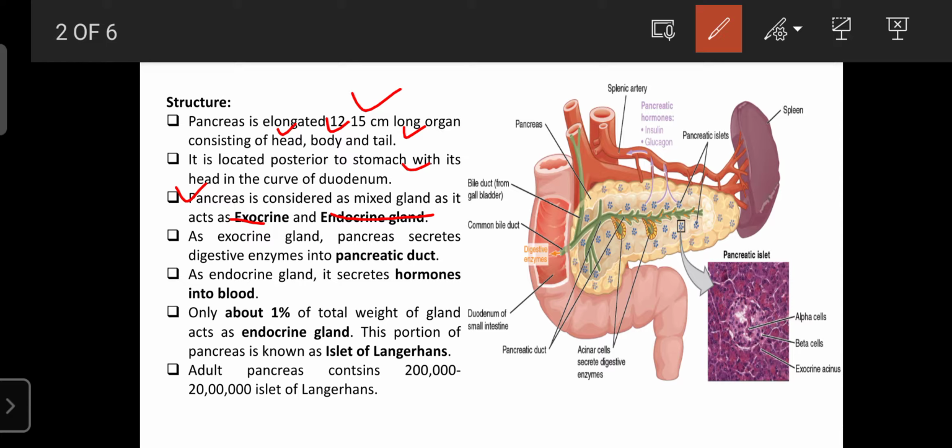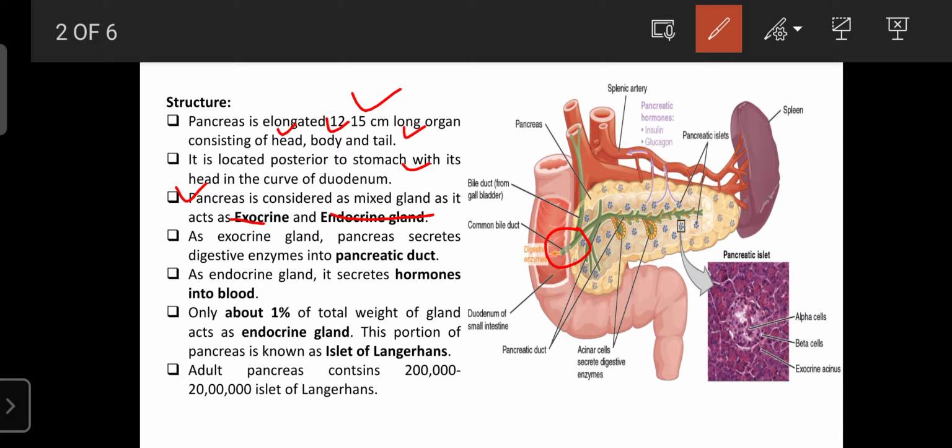One duct is present, with certain channels, in the duodenum, and that duct is helpful for the secretion of the digestive secretions from the pancreatic gland. Due to that reason, the pancreatic gland is known as an exocrine gland. But certain hormones like insulin and glucagon are directly secreted into our blood without any ducts.